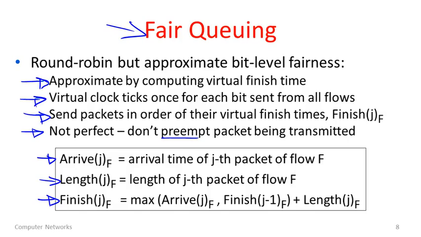So you get to send 1 bit from your queue every tick of the virtual clock. So if you've got a packet that's length bits long, it's going to take you length ticks on your virtual clock to send it. So the finish times are advancing by the length of the packet.